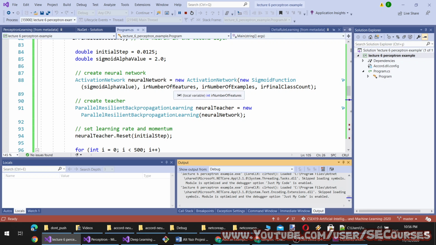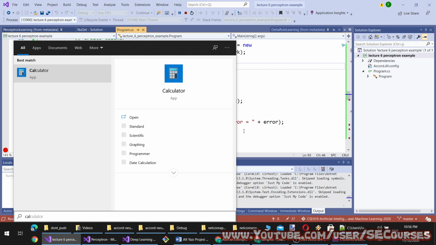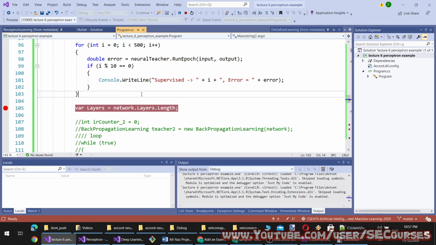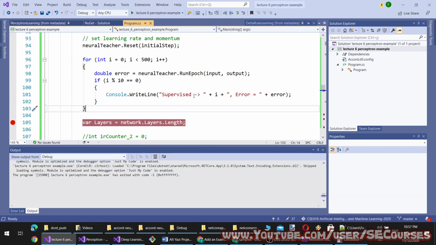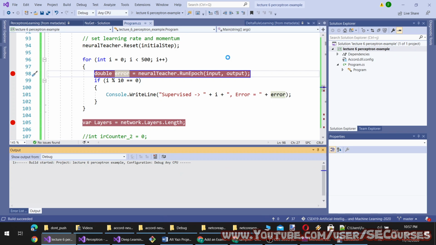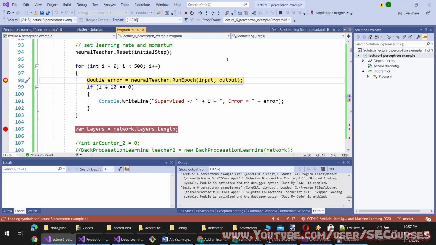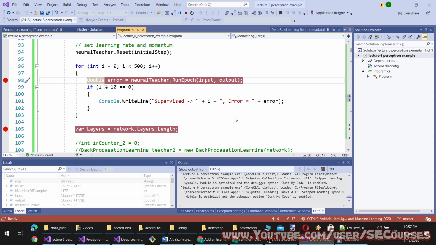Okay, so our network has so many nodes. Yeah, error rate didn't change. Why didn't it change? Let's try to understand. Okay, now it is running an epoch.